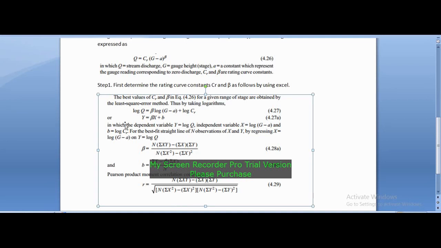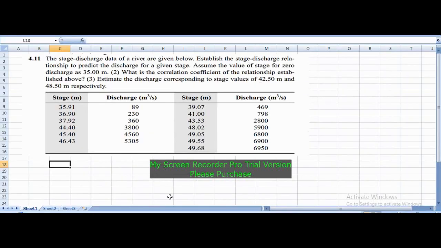In order to simplify our calculation, we can use Microsoft Excel. The first step is to open Microsoft Excel. So this is Microsoft Excel. After opening it, we should arrange the data in a suitable manner.